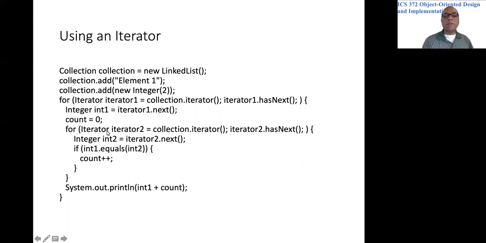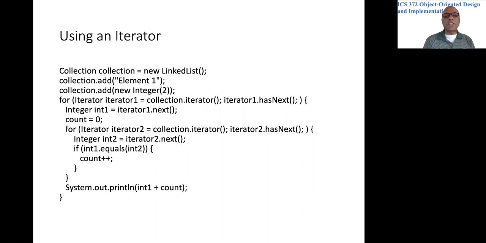And then I am using a second iterator. This is not doing anything specific except to show you that you can have multiple iterators created on the same collection, and they can be at different parts.